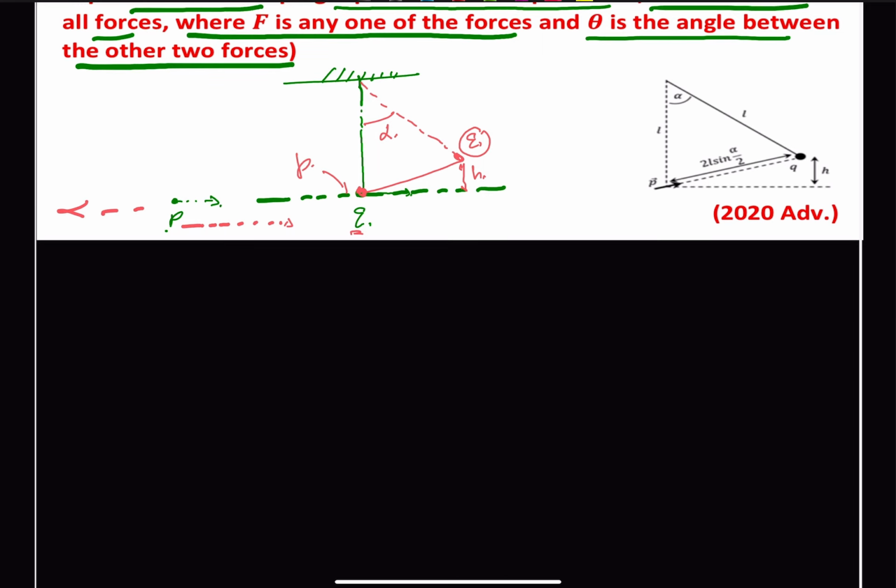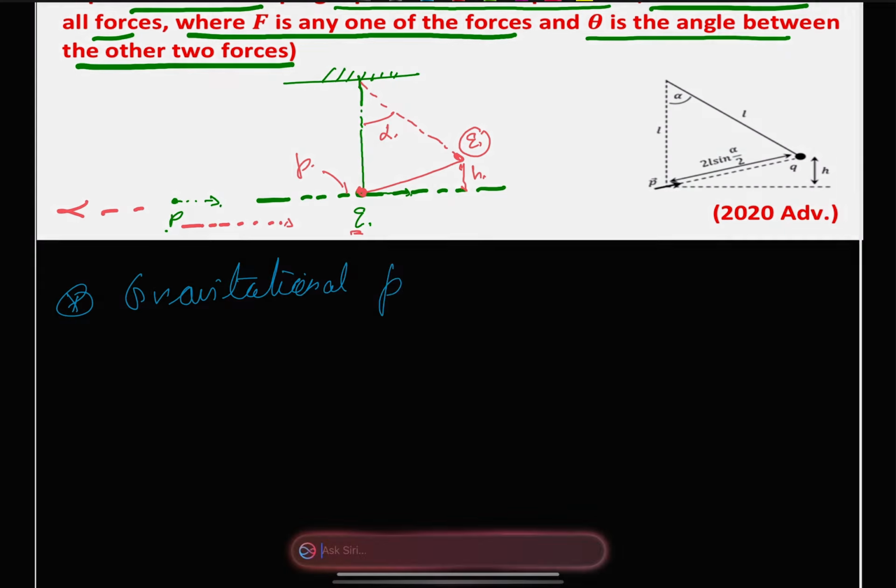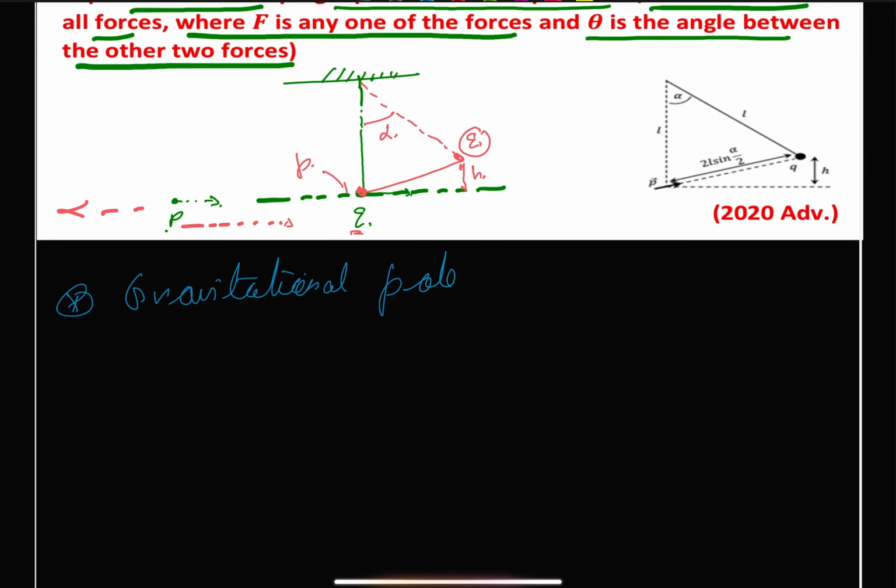The gravitational potential energy of charge q is quite simple, because it is raised by the height h, so it will be equal to mgh.